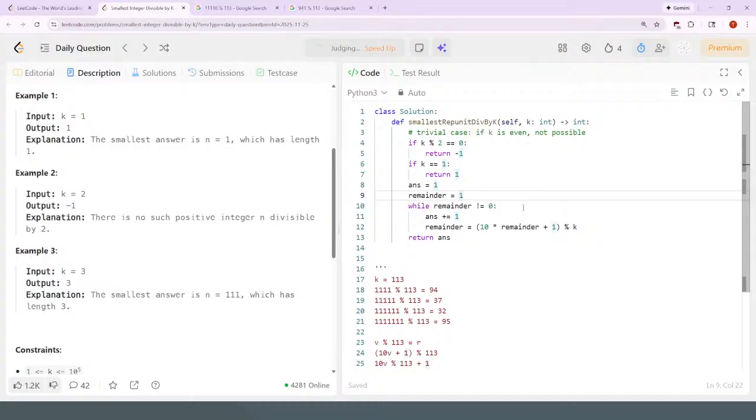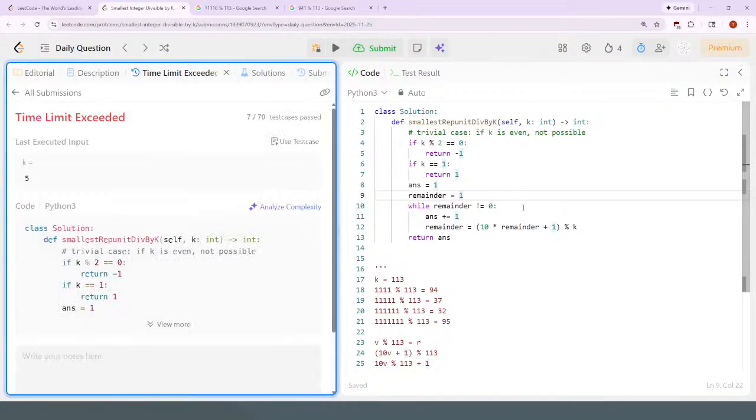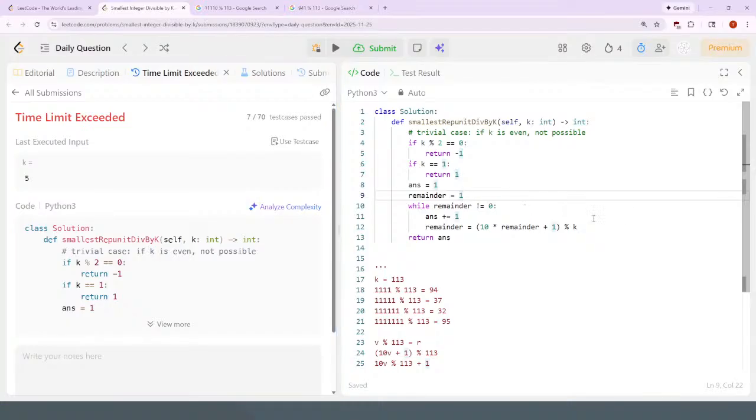So it might be too slow. Where's it timing out? Interesting. This is impossible, isn't it? Definitely impossible.